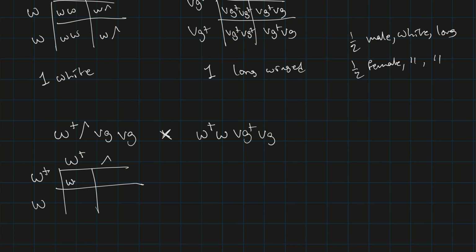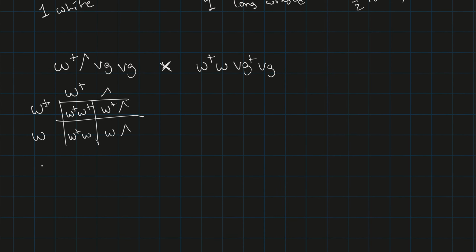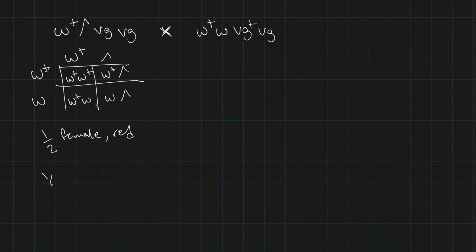And we notice that all the females are red-eyed, and then half the males are red-eyed, and the other half of the males are actually white-eyed. And so we have 1/2 of them are going to be female and red-eyed, no matter what. And then we're going to have 1/4 is male, red, and the other 1/4 is male and white.